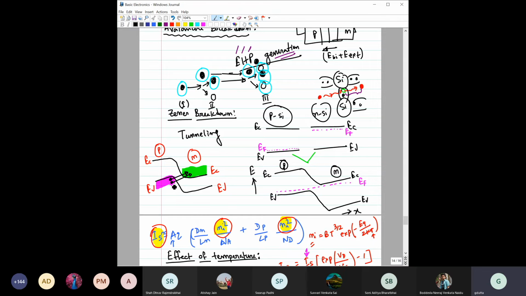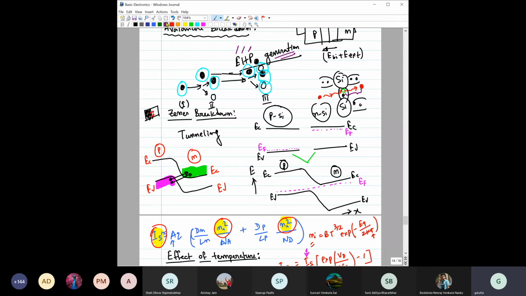These electrons will tunnel through this barrier. You can think of it like a high pressure region here and a low pressure region here separated by a valve, and this valve is a bit porous because it is so thin, so that gas from the high pressure side can move to the other side. So this process is called the tunneling process. So Zener breakdown happens due to the tunneling process.